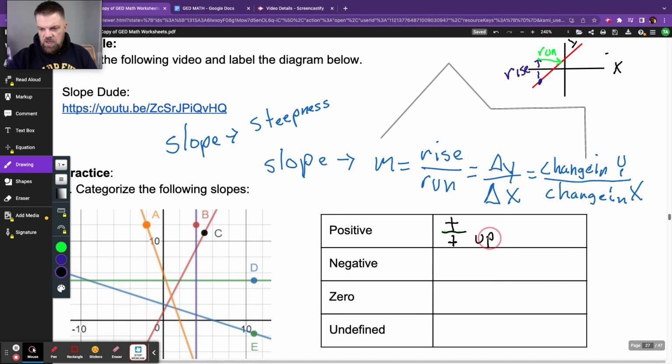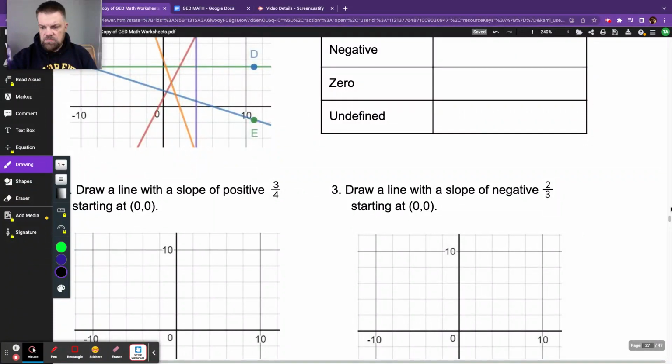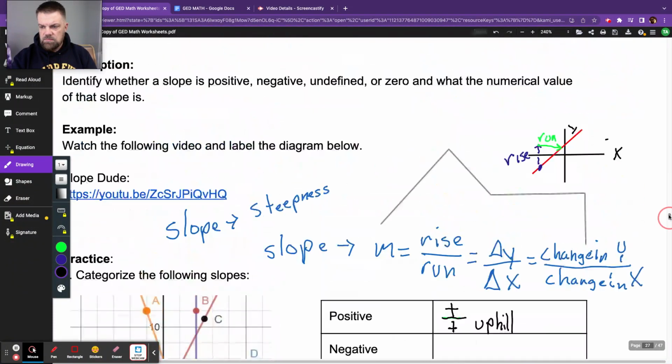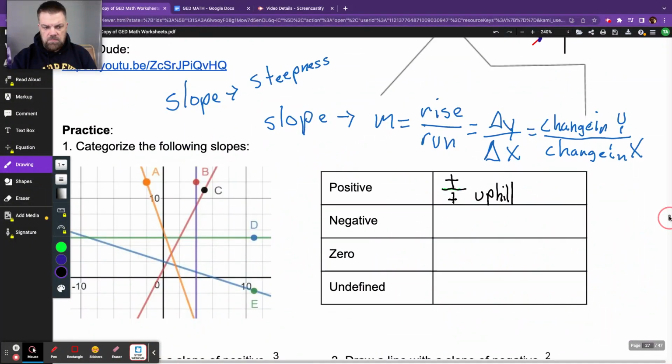So this will go uphill if you read it like a book from left to right. So when I look at these graphs over here, if I read it like a book from left to right, only C goes uphill.